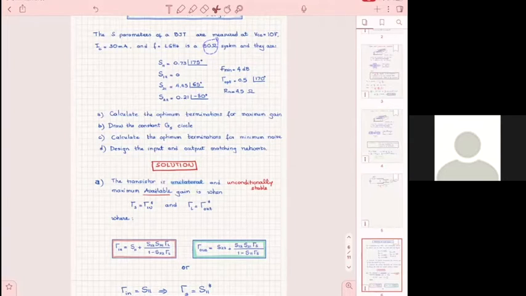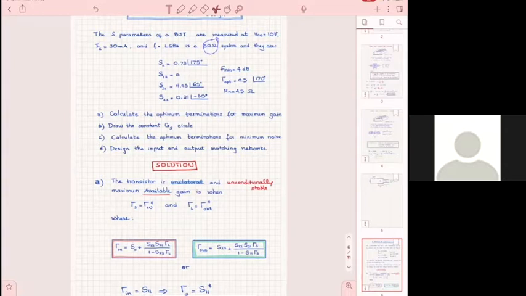Yes. Okay. So when a transistor is unilateral, and the magnitude of S11 and S22 is less than 1, and you remember what I said? That most of the time, the transistors you're going to be asked to solve will have the magnitude of S11 and S22 less than 1 in most cases.